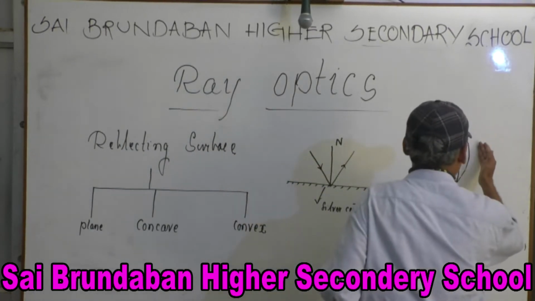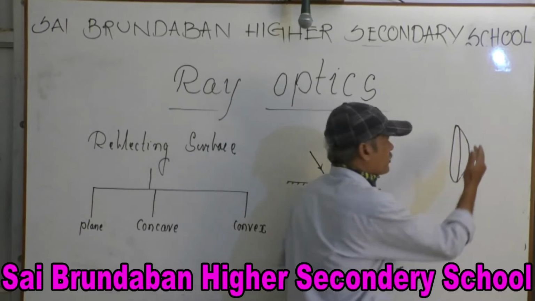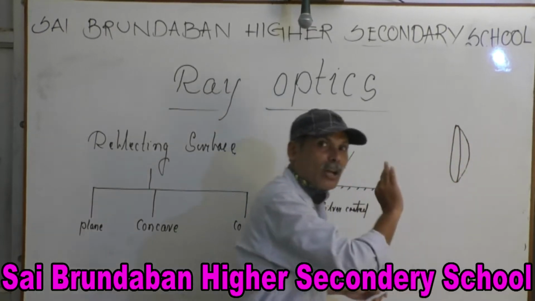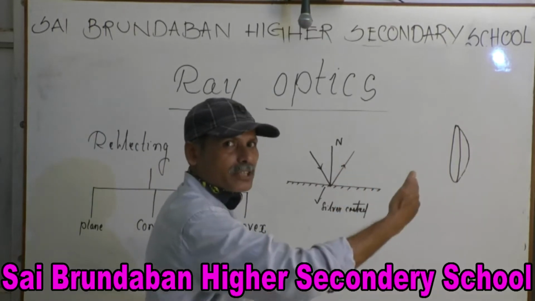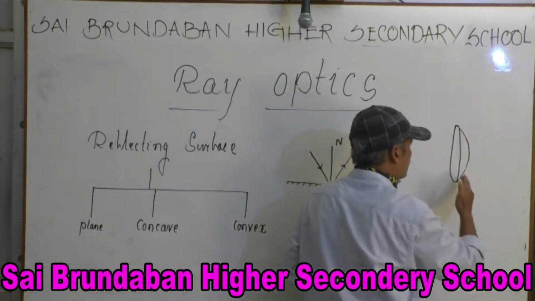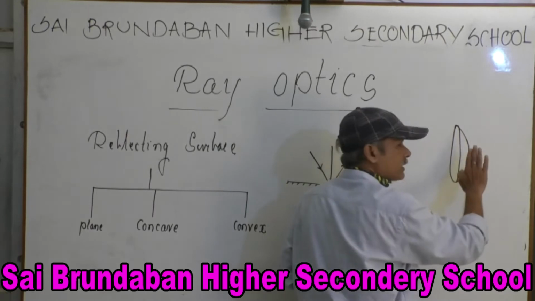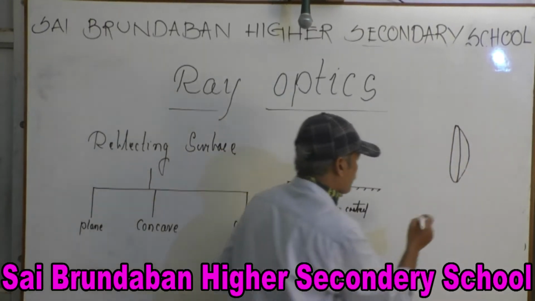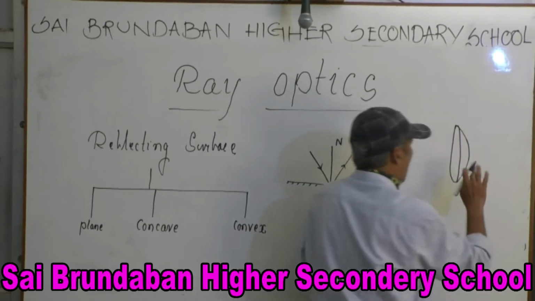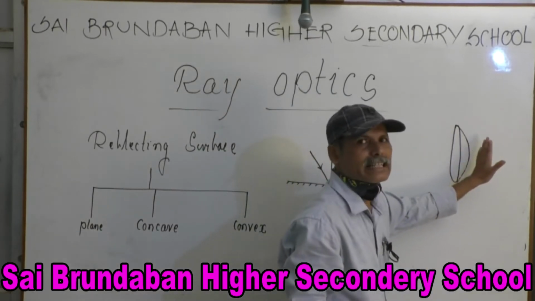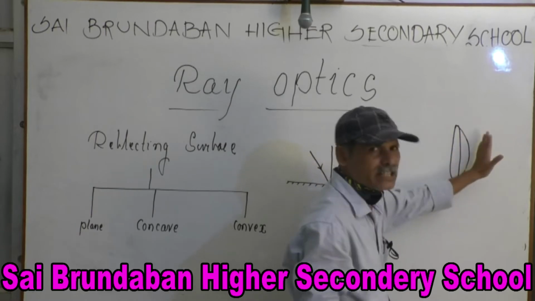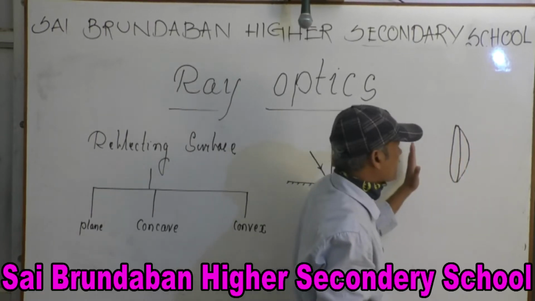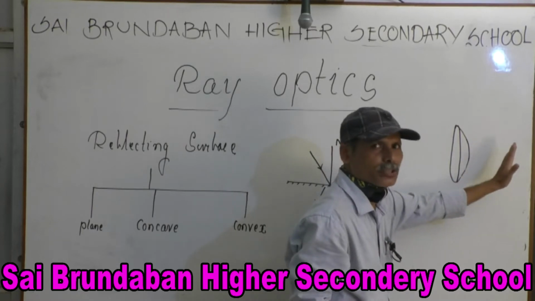From this side, you can say the surface is bulging out, or bulged out. Outer surface is the bulging surface; depressed surface, depressed in; bulging out.